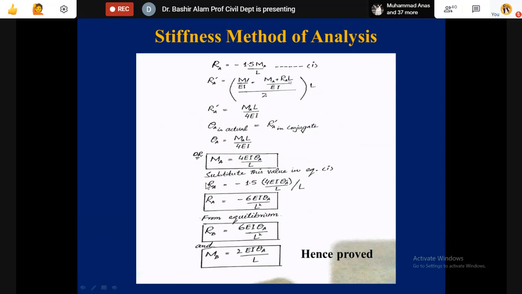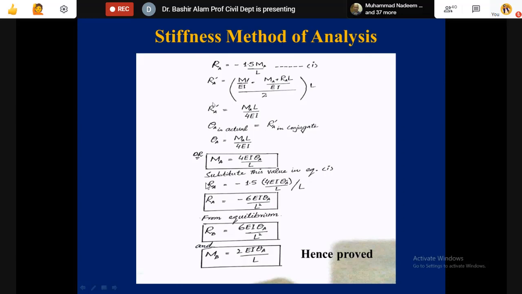So RA prime now, RA already we know in terms of the MA now. So we put value here and RA prime is coming equal to MAL over EI. Now shear in conjugate beam is actually the slope in the actual structure. Means theta at A in actual will be the shear in conjugate beam.